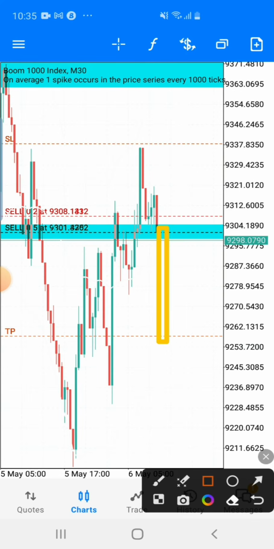But the important thing is that the spike does not hit my stop loss, because if it does, I'm going to lose almost the whole money in that account, almost the $50, right?